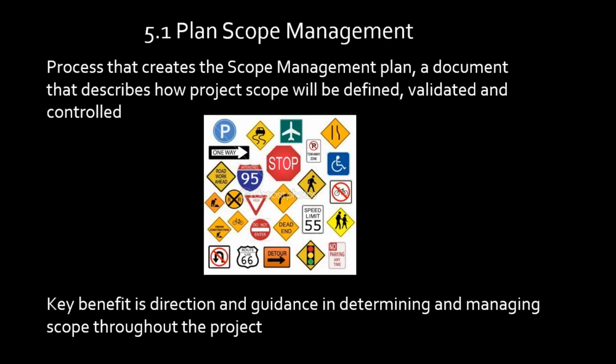How do we define scope? How do we change scope? Et cetera, et cetera. What are the measurements we might use? What are the terminology we might use? Et cetera, et cetera. Whatever rules or vagueness there might be about scope, we're going to establish them right here. And believe me, this is your friend. These dot one plans are your friend as a project manager, particularly if you got involved early in the planning, because remember, you now control the rules.